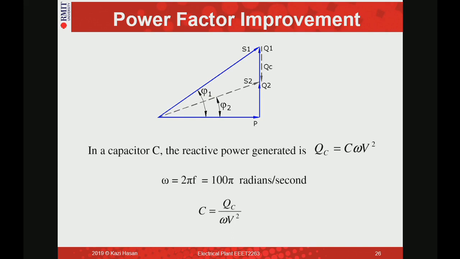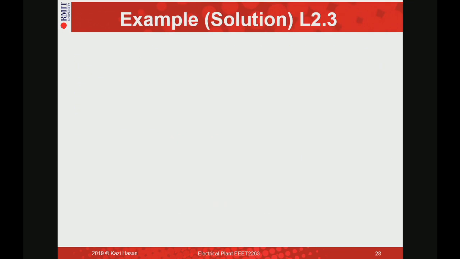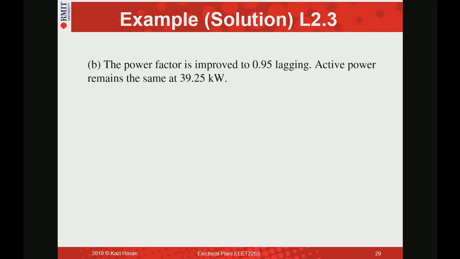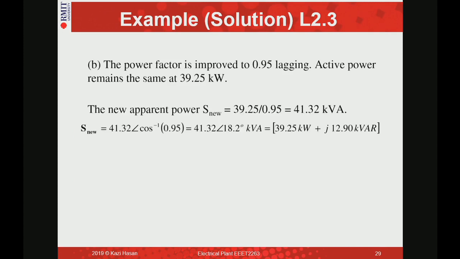So S will be P divided by cos theta. That's why we write here S new is P, 39.25, divided by cos theta, that is the power factor. That gives us the new S, and this S we can represent as P plus jQ.